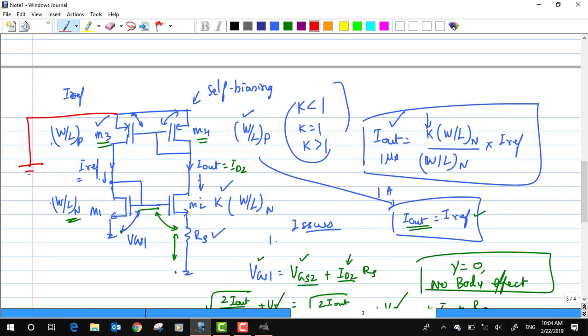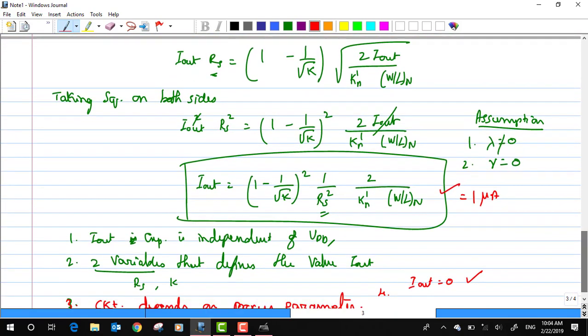When I turn on this device, the circuit, according to the equation that I have written, will also support an output current equal to 0. If I out is equal to 0, that satisfies this relation, because both my I out and I reference will have the same value of current. And when I plug in the same thing, this will also generate the same current, in short, it will end up having the same current of 0.